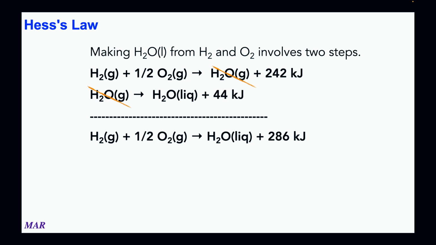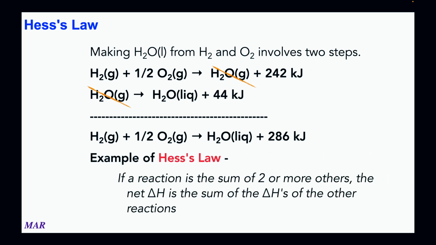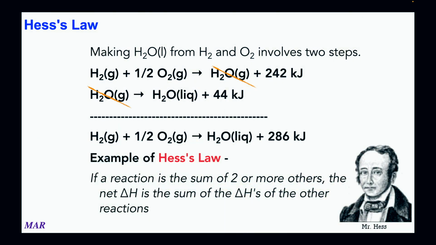So delta H for this reaction would be minus 286 kilojoules. What we just did here is an example of Hess's law. We took those two reactions and combined them to give us another reaction, which was the formation of liquid water from hydrogen and oxygen. And we found out its delta H value, minus 286 kilojoules, or 286 kilojoules as a product.